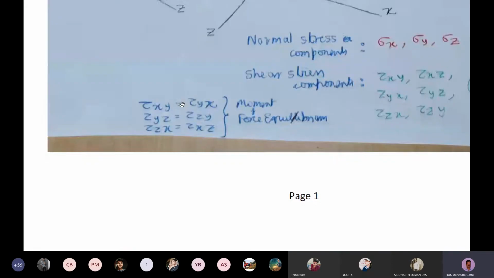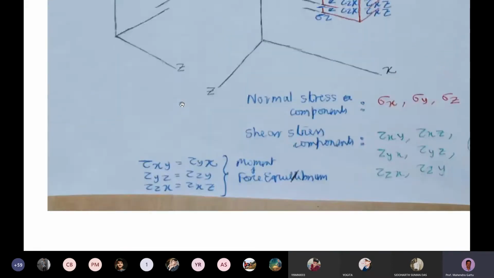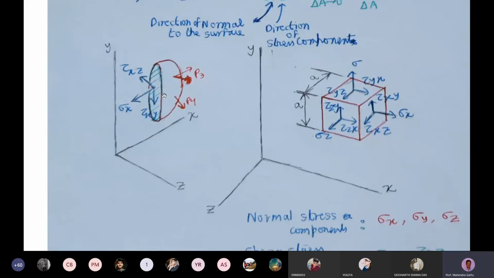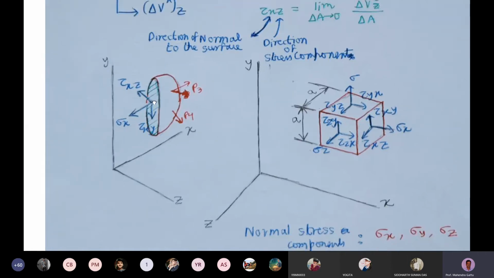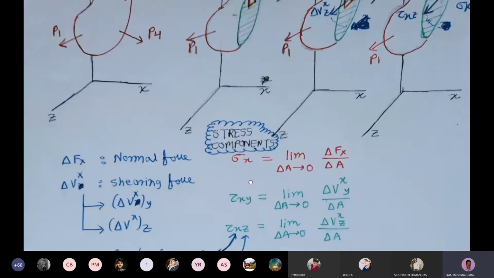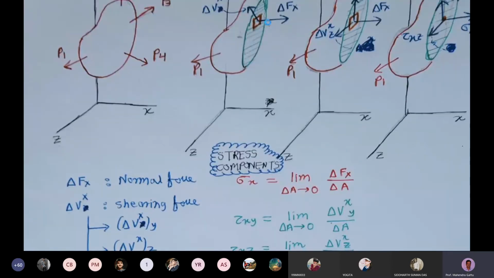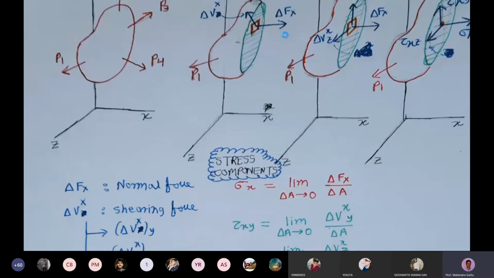If you look at the free body diagram for the right part, we will again have components: a normal component and a shear component, but this time they will be acting in the opposite direction. The normal component, instead of acting along the x-axis, will act along the negative x-axis, and the shear component, instead of acting in that direction, will act in the negative direction.